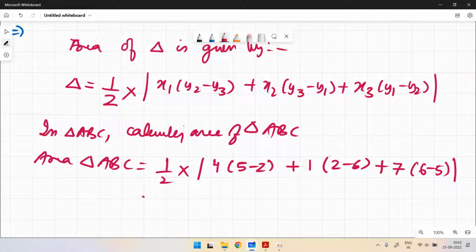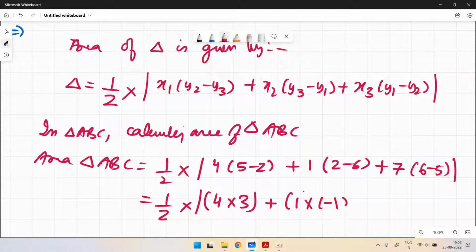So this will be half into 4 into 3 plus 1 into minus 4 plus 7 into minus 1. So if you solve this, what you get is the area.